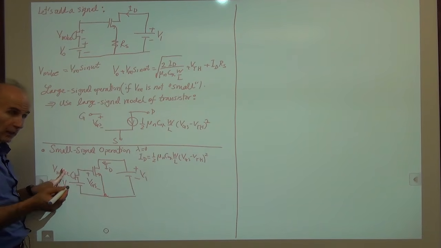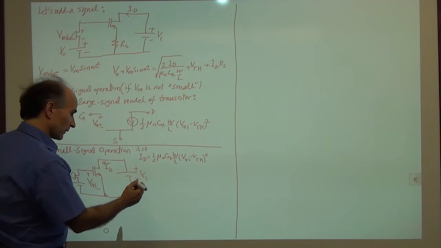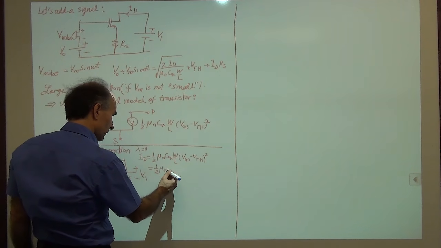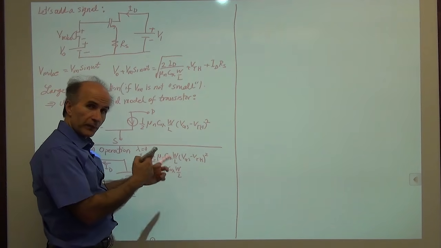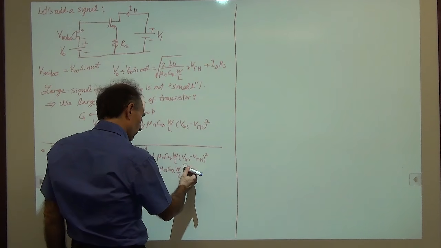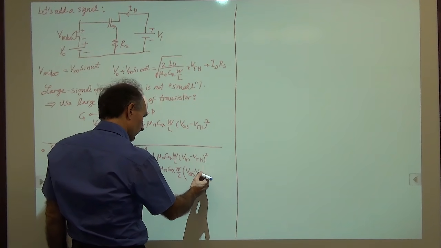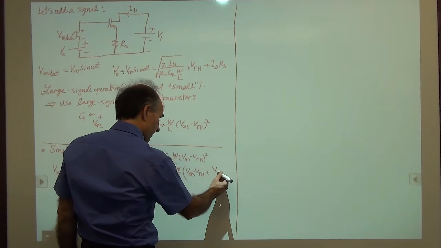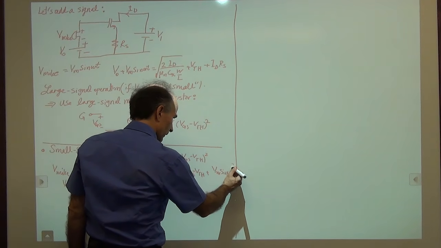And the microphone signal, again, we assume to be Vm sine of omega t, right? Okay, so that's equal to 1/2 of mu n C aux W over L. I will group these a little. So I will write this as VGS minus VTH plus Vm sine of omega t, squared.